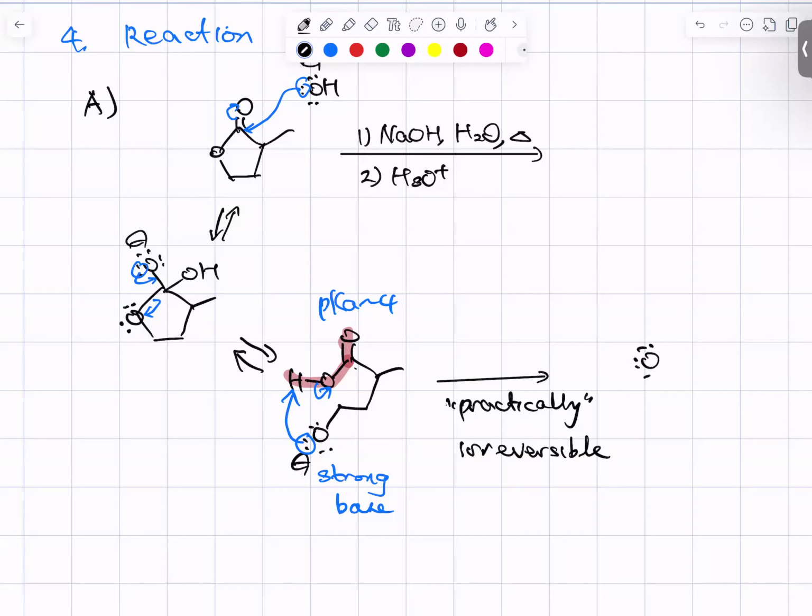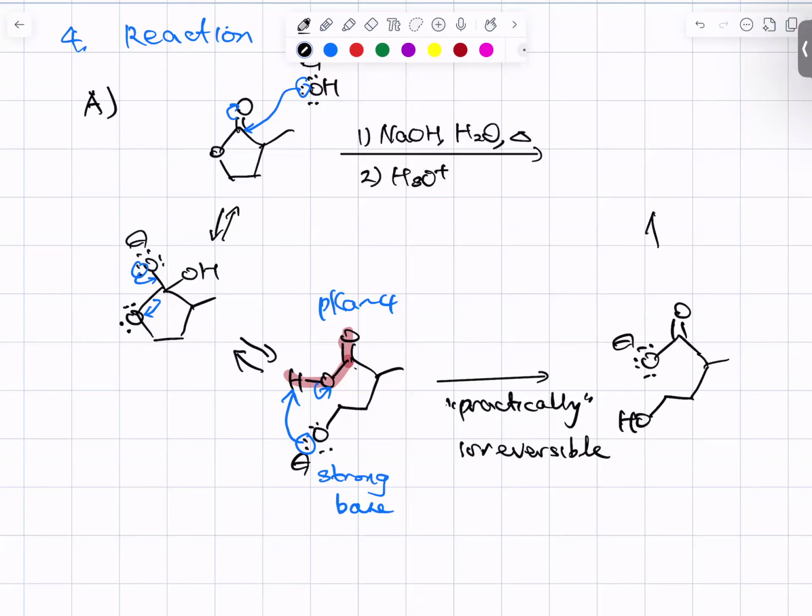So this side becoming carboxylate ion. And this becomes alcohol. So alcohol is a weak nucleophile. Carboxylate ion is very stable, resonance stabilized. Then the reaction remains that way.